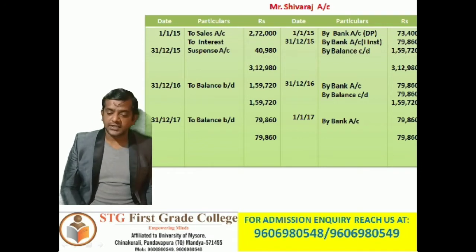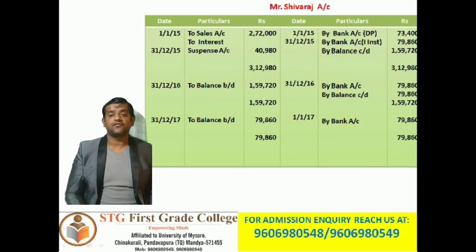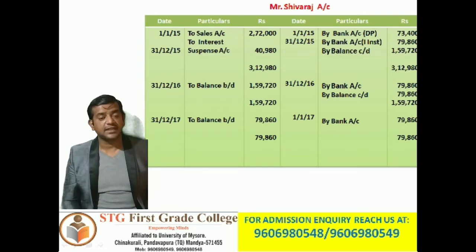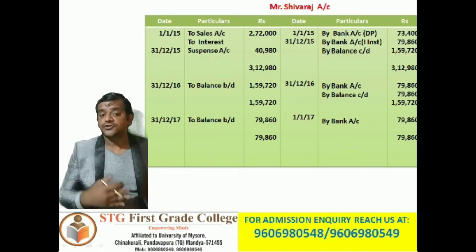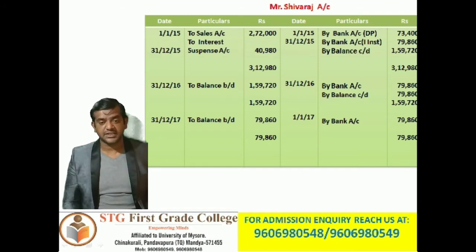So on the same day, 31st/12/2015 by balance carried down will be 1,59,720. So on the debit side on 31st/12/2016 to balance brought down 1,59,720.